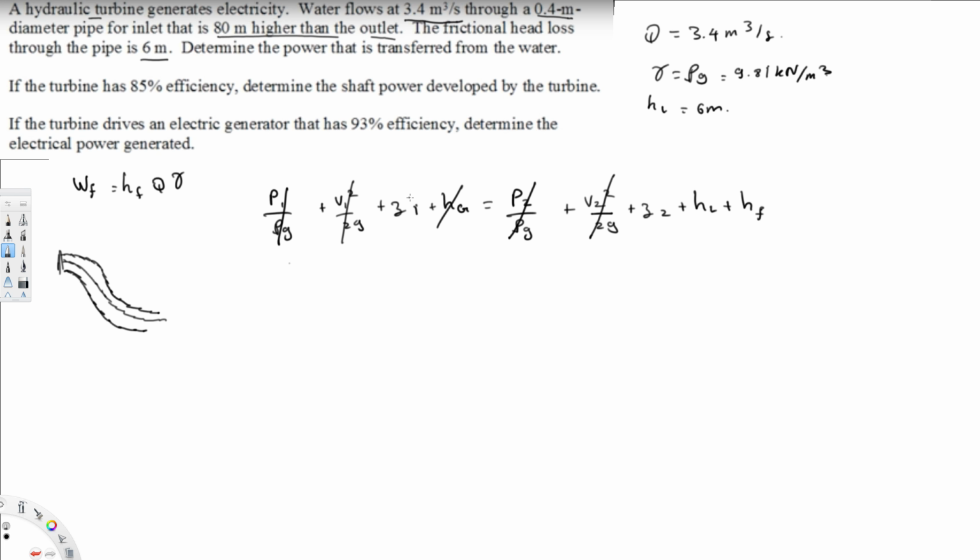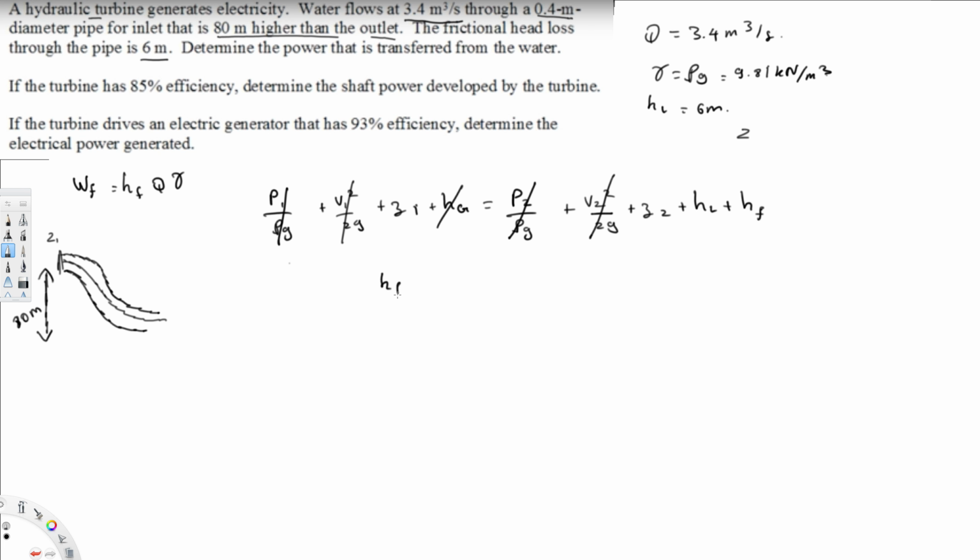And Z2, this distance, Z1 minus Z2, if we consider this one Z1, the height is given, that is 80 meter. So we know the difference is 80 meter, so that's not a problem. Let's rearrange this equation and find the HF.